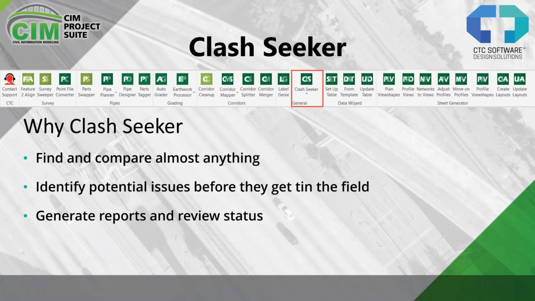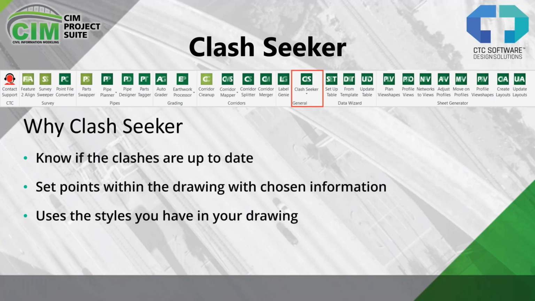That way we can identify potential issues before they get in the field. We can generate reports and review the status of them. That way we can know if the clashes are up to date, and then we can set points within the drawing with chosen information. And we use the styles you already have in your drawing.